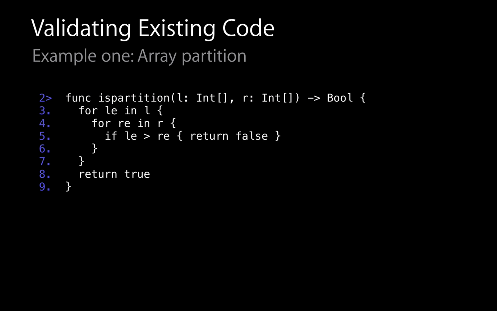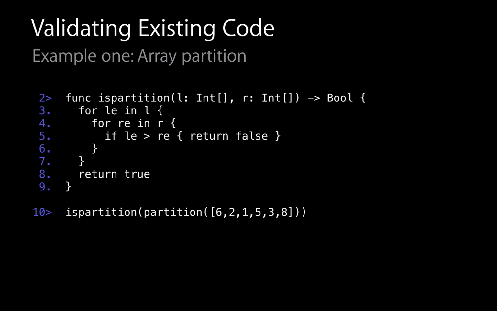That isPartition function iterates across all the members of the left-hand array and checks that they're less than or equal to the numbers in the right-hand array. If any of them are greater than a member of the right-hand array, it says, oh, this doesn't look like the kind of partition I was expecting, and returns false. Finally, once it's checked everything, it returns true.